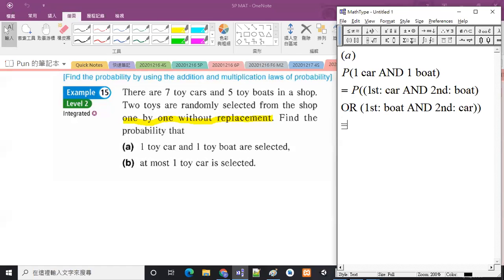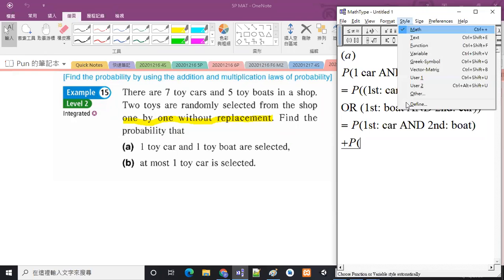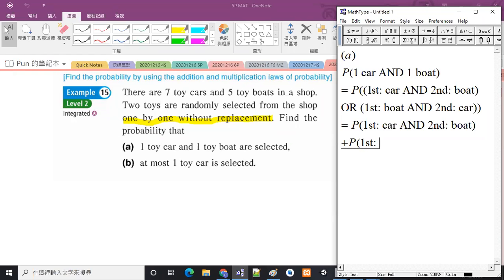Okay, and then 好啦，跟住呢，你見到啲 and 啊、or 啊嗰啲字嘅話，咁你就知道點樣拆啦，係嘛？Okay, so first it will be first being car and second being boat. This is the first case, and then among the cases we add the probabilities together. Okay, the second case is first getting a boat and second getting a car.